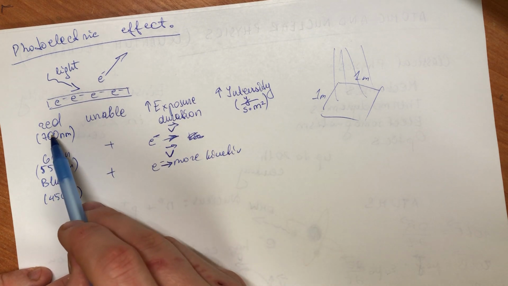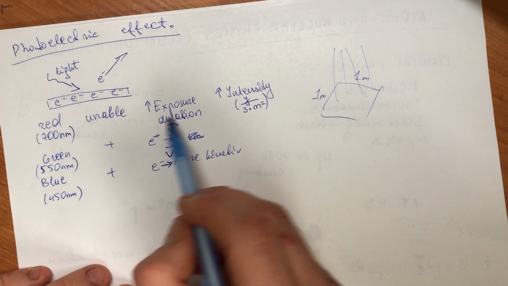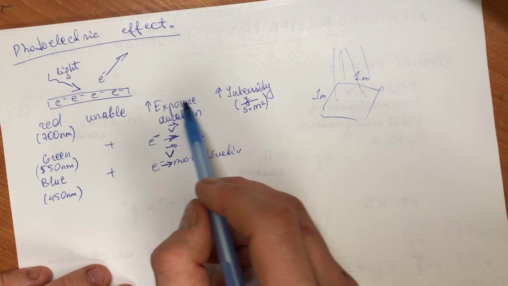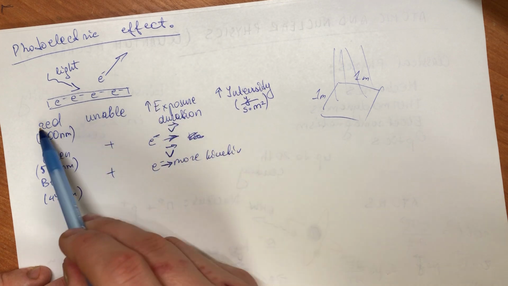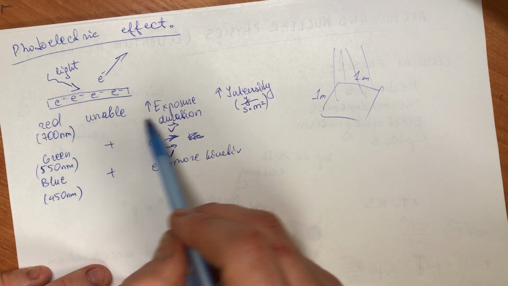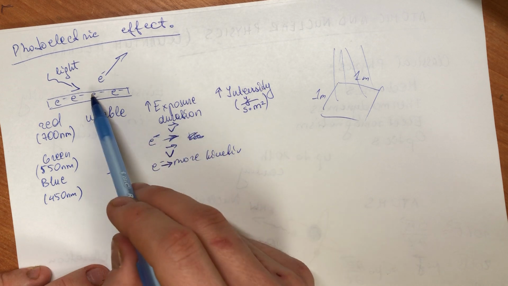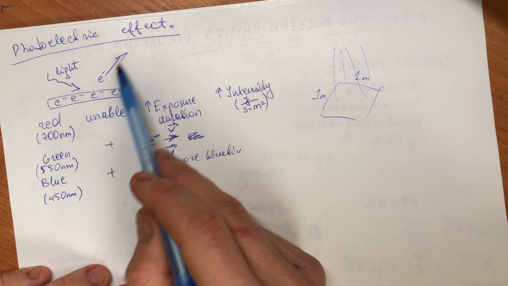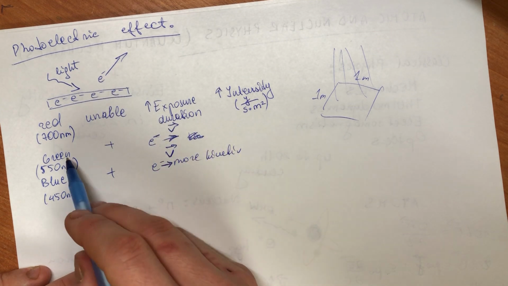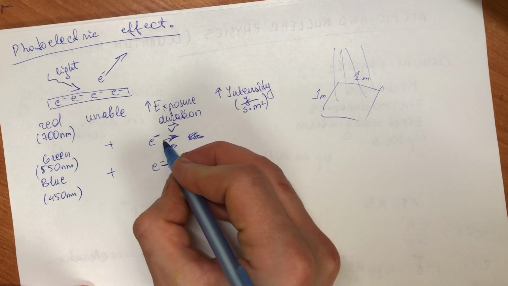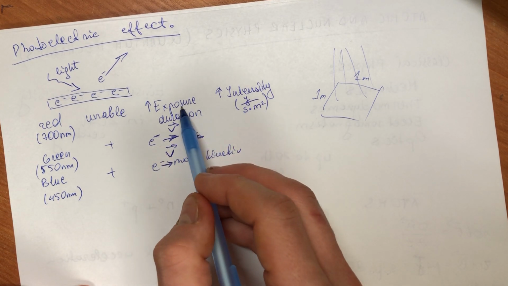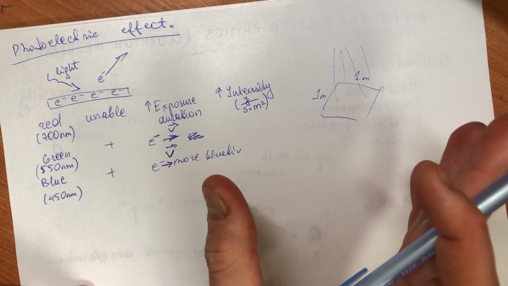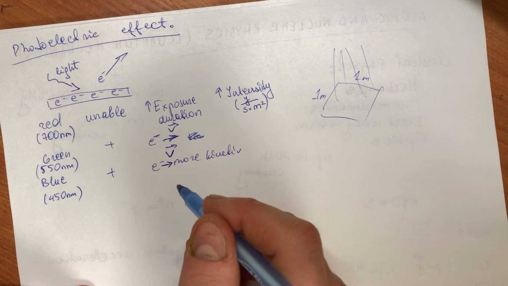Red color was unable to produce photoelectrons, even if its exposure duration or intensity was increased. In classical physics, if you increase intensity or exposure duration, the electron should accumulate energy and then leave the metal plate. But here green and blue were able to produce photoelectrons. It doesn't matter the exposure duration or intensity. Of course, doesn't matter in some reasonable range, yes?